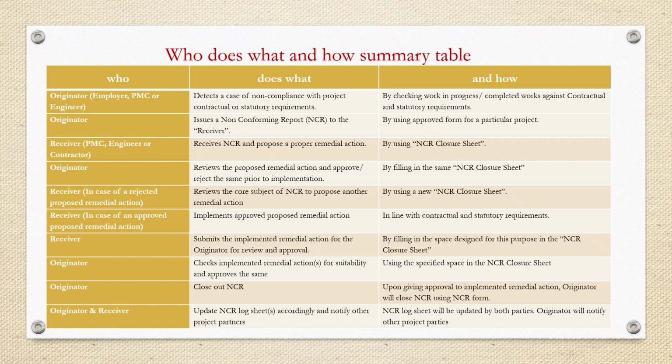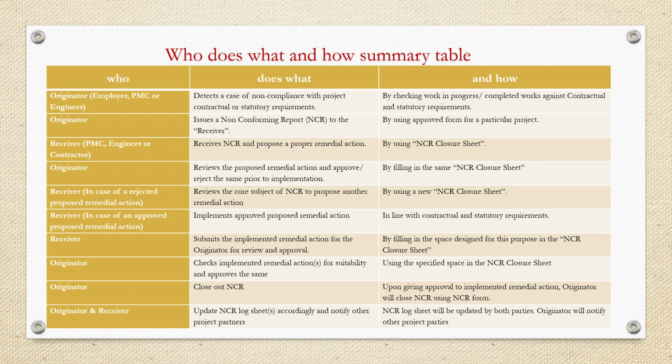Originator will review the proposed corrective action submitted by the receiver and either accept or reject it prior to implementation by filling in the same NCR closure sheet. Receiver, in case of rejection, will review the cause of the NCR to propose another remedial action by using a new NCR closure sheet.